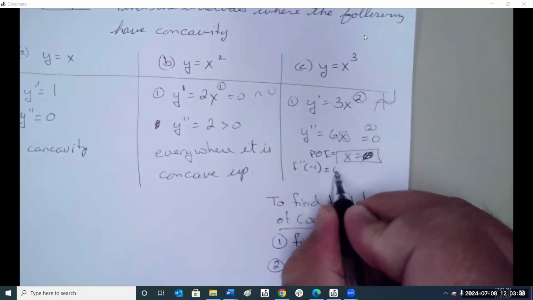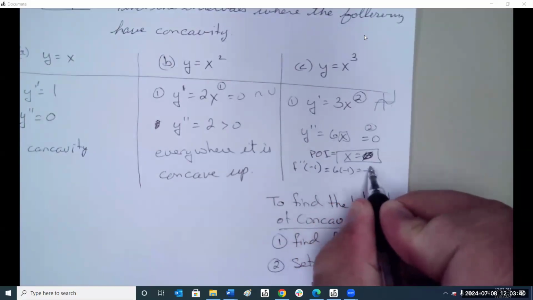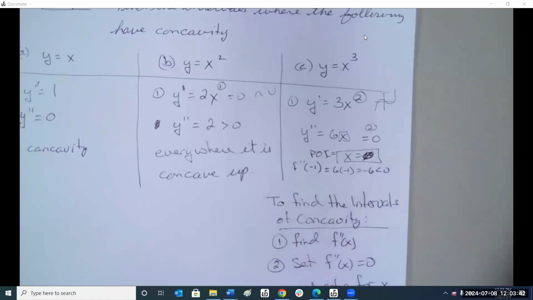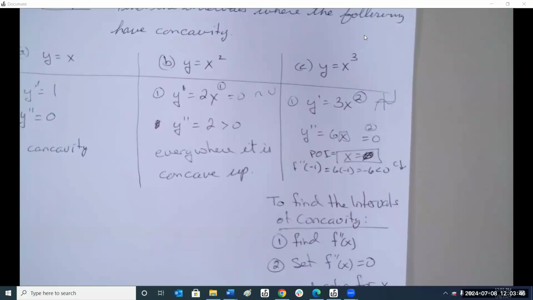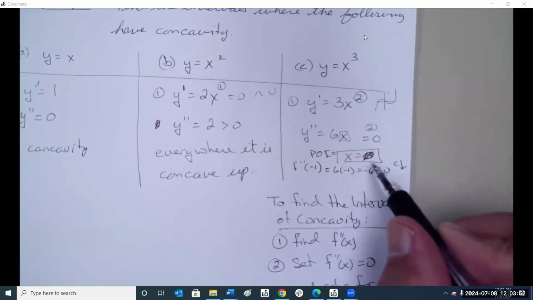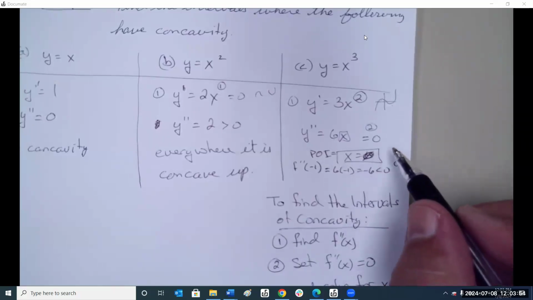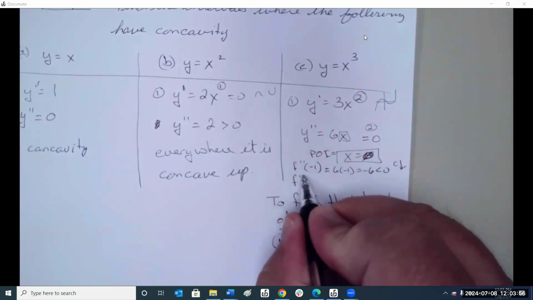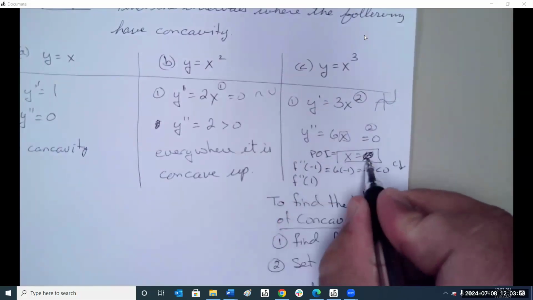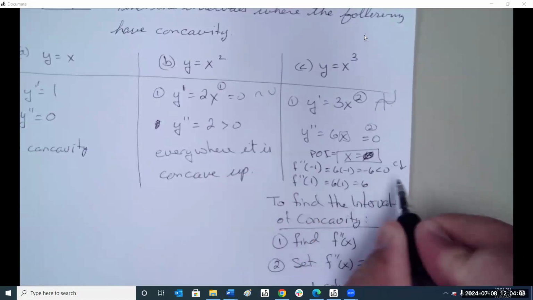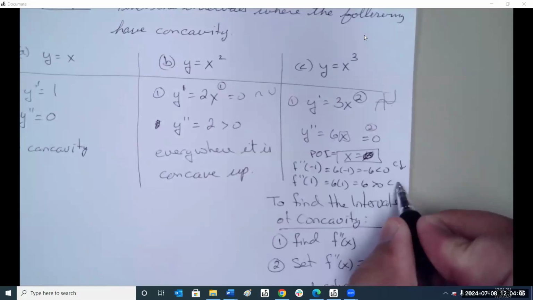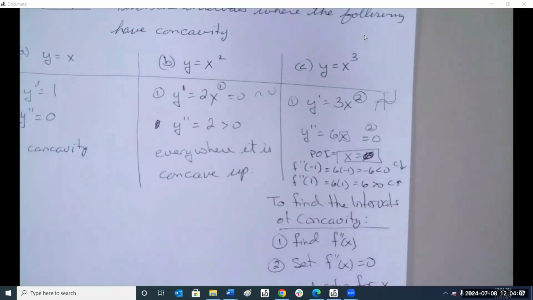Six times -1 is -6. That's less than 0. So it's concave down. So to the left of 0, it's concave down. Take a number to the right of 0, a +1. 6 times 1 equals 6, and that's greater than 0, so it's concave up on that side.